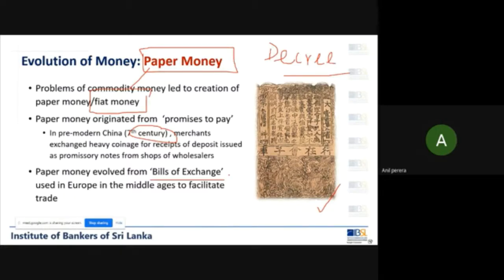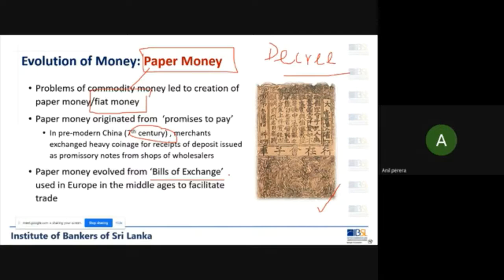Bills of exchange are very similar to the idea of that promise to pay. It's a written order used in trade. What is this order? There is a binding of one party to pay a fixed sum of money to another party. So that concept is the origin of modern paper money.